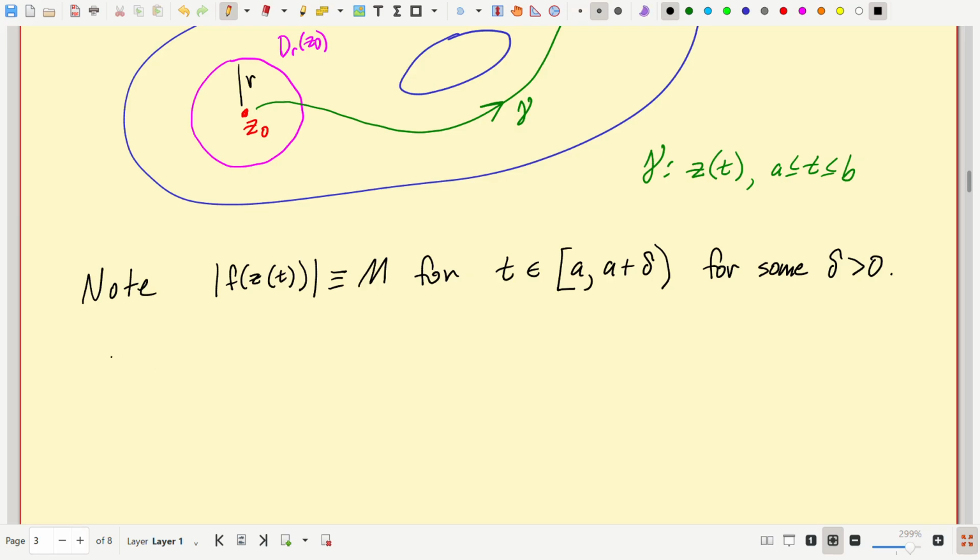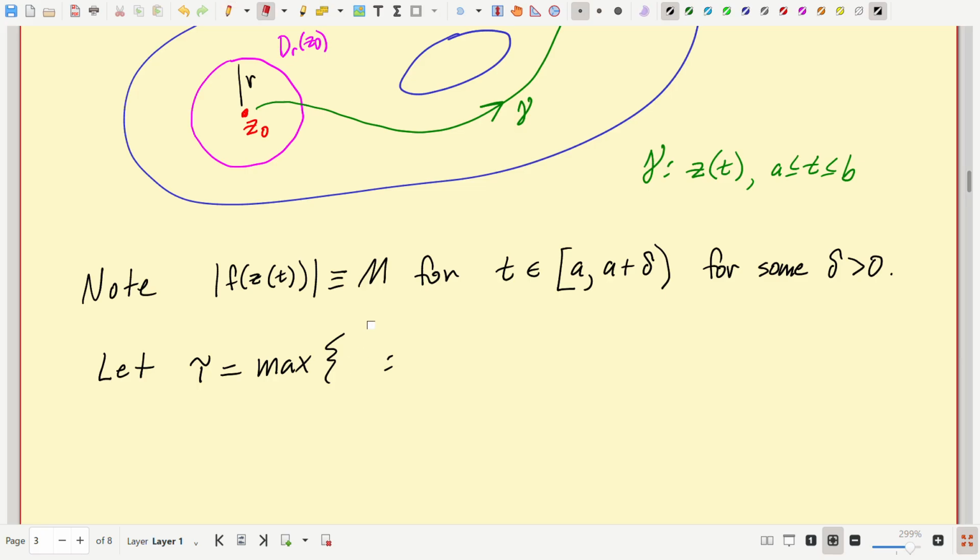Let's let tau equal the maximum t. Let's see, the maximum. Oh blast!